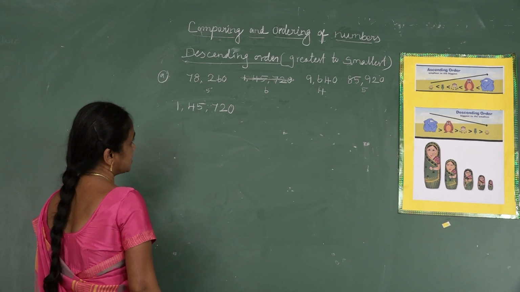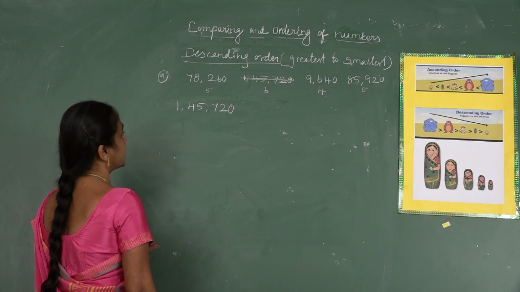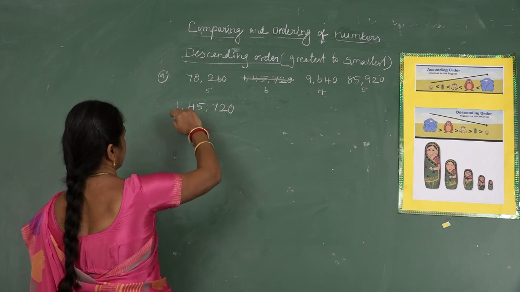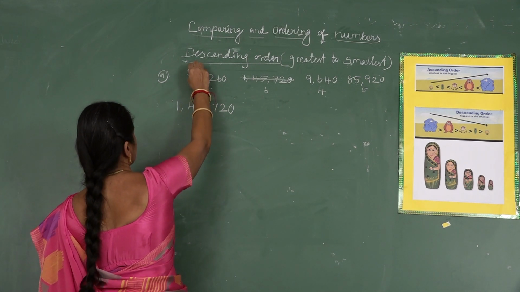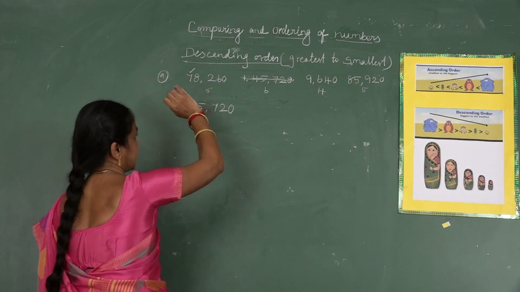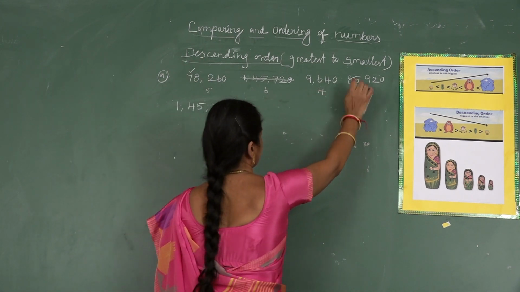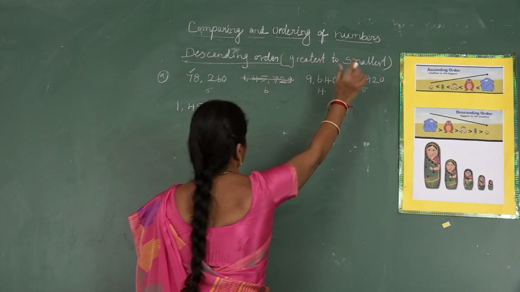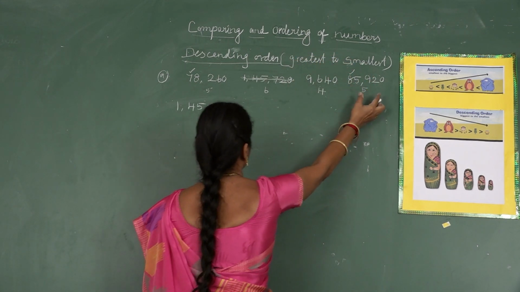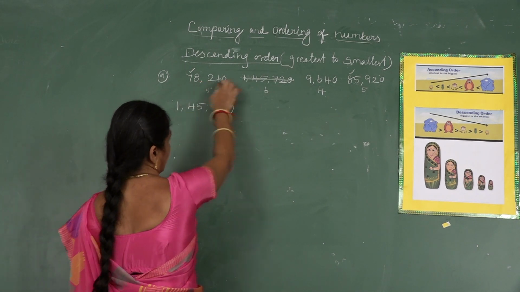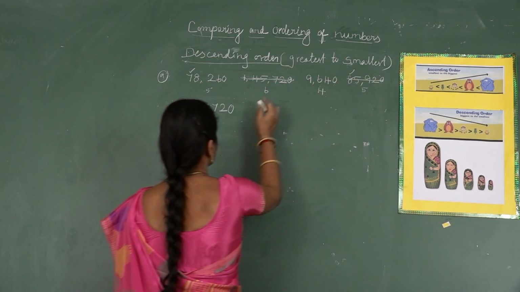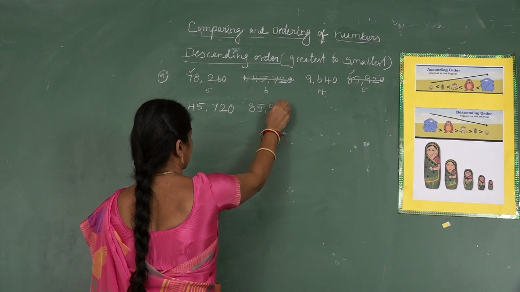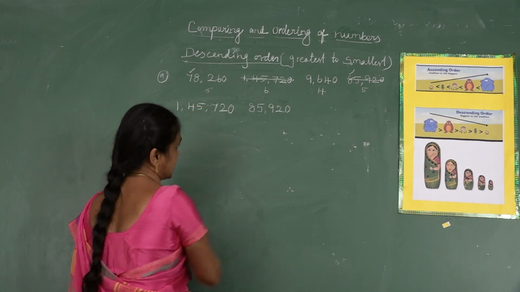In these 3 numbers, 2 numbers are 5-digit numbers. In the 5-digit numbers, here 7 is in the 10,000 place. In this number, 8 is in the 10,000 place. This number is greater than this number. So we write 85,920 in the second place.